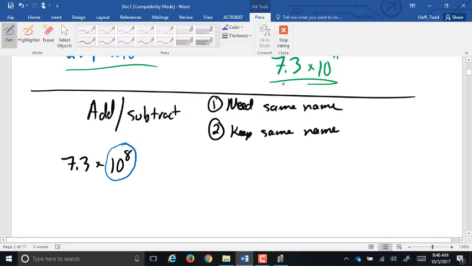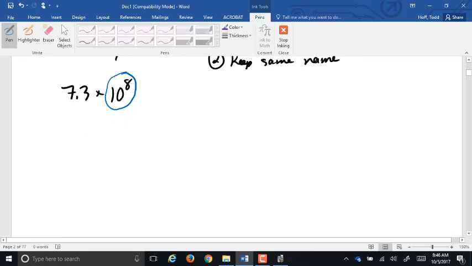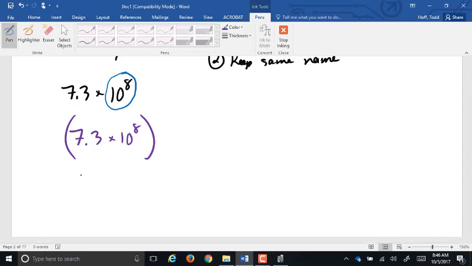So in order to add numbers in scientific notation, they must have the same power of 10. Now I'm putting parentheses around these not because there's anything I need to do there. Just like with the negatives, it's just separating it to indicate that is a single number.